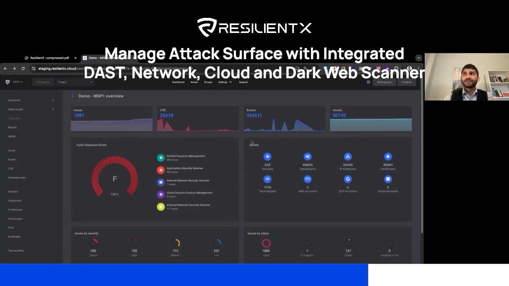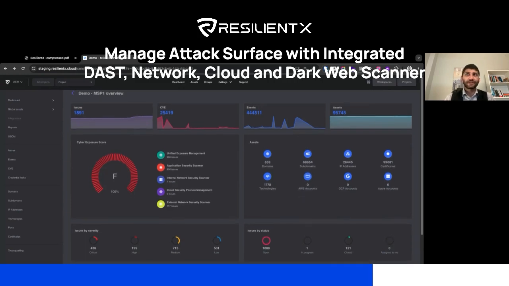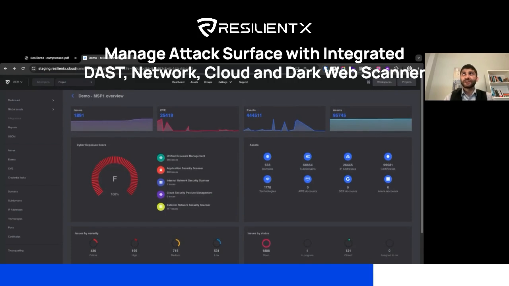As I mentioned, the platform works on those 4 bases. We have a part called assets, and assets can be domains, subdomains, IP addresses, and different types of digital assets, such as certificates, technologies, different AWS accounts, or different sets of entities that we can define. On the other hand, we have CVEs, which are the vulnerabilities that we identify, and we have issues.